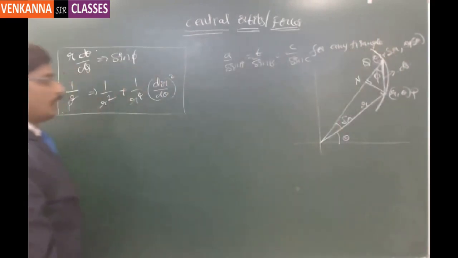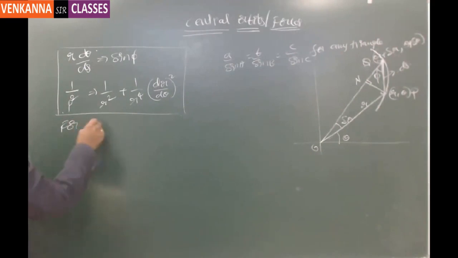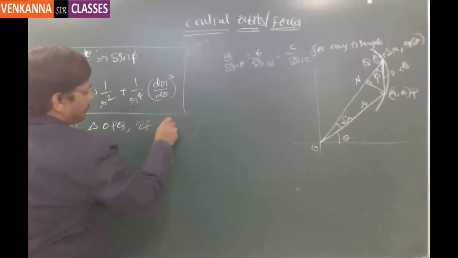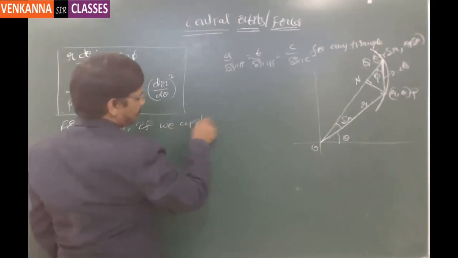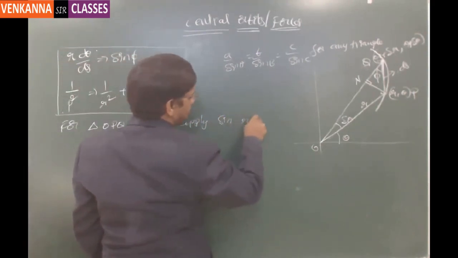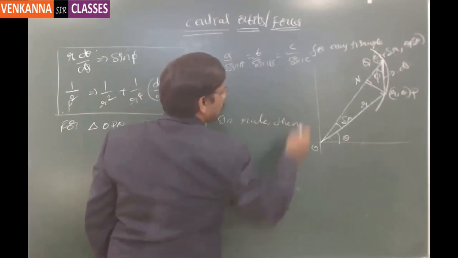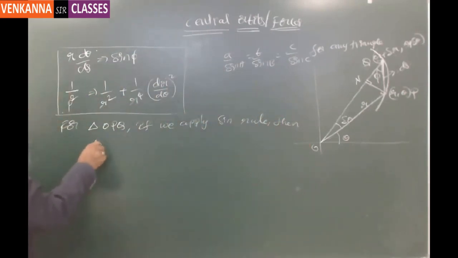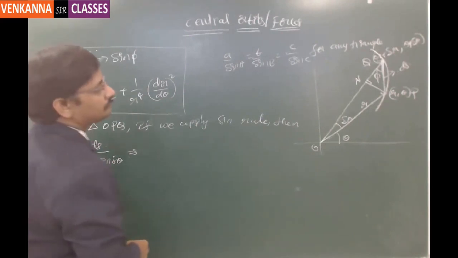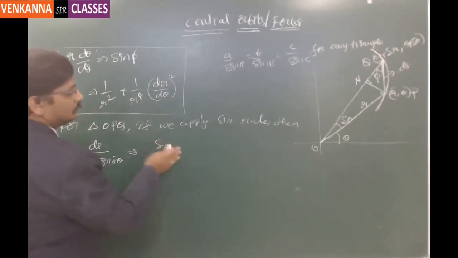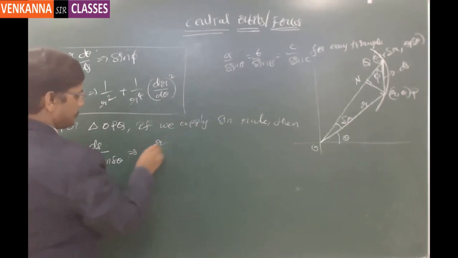Now for triangle OPQ, if we apply the sine rule, then ds by sine delta theta is equal to r by sine phi.